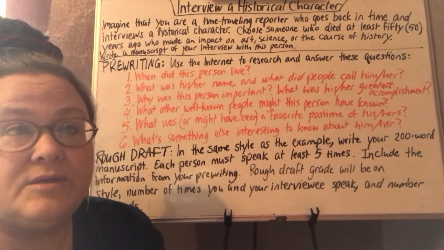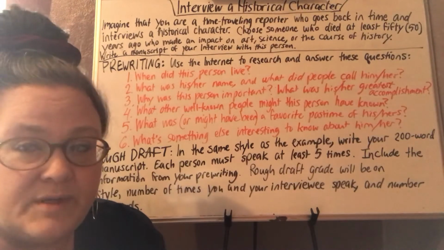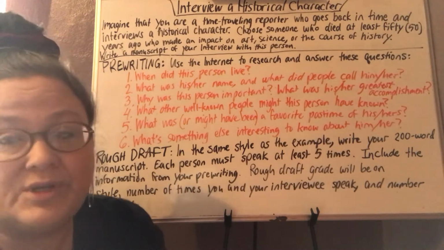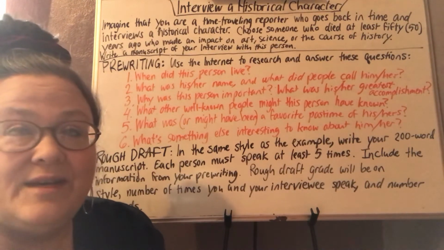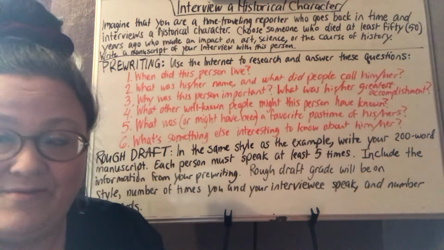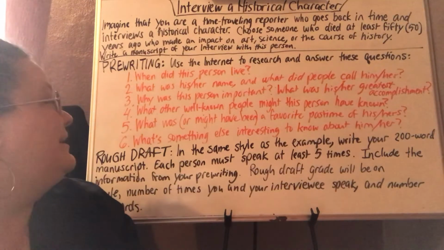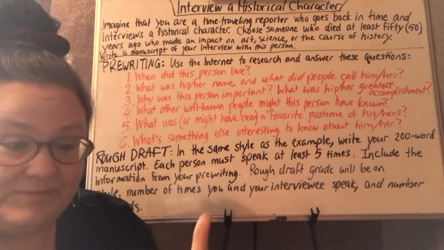If this person does not speak English, for example, if you choose Galileo, he will not speak English. You need to just pretend that they speak English, or that you have some kind of high-tech sci-fi interpreter like they have in Star Trek movies. I don't know. But anyway, it's going to be in English and not in like Vulcan.